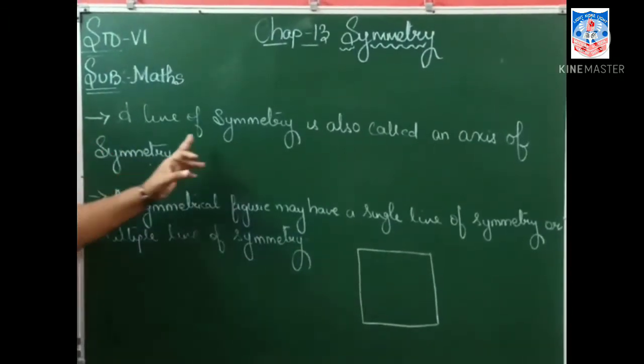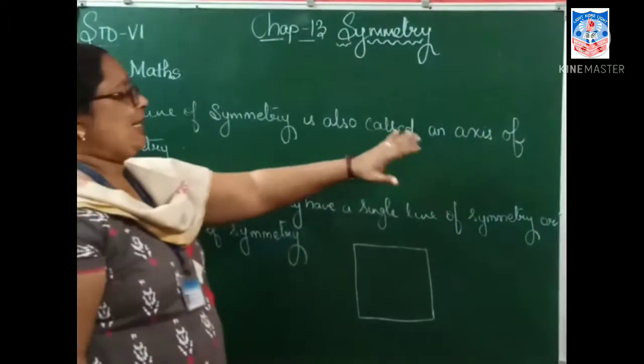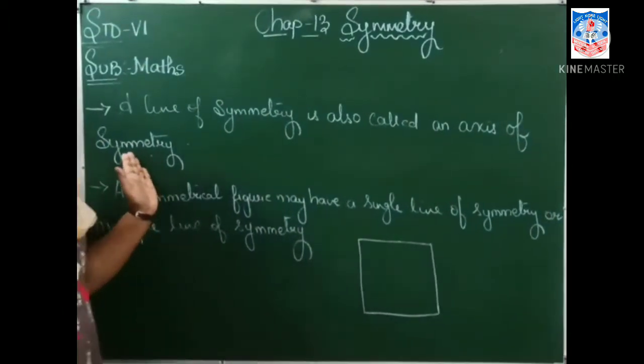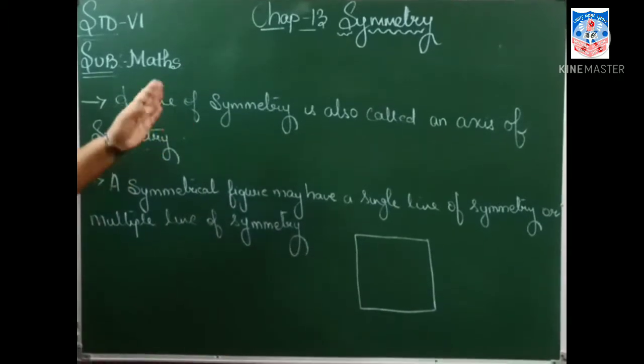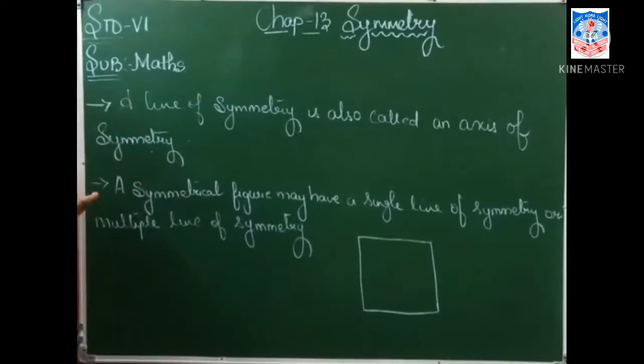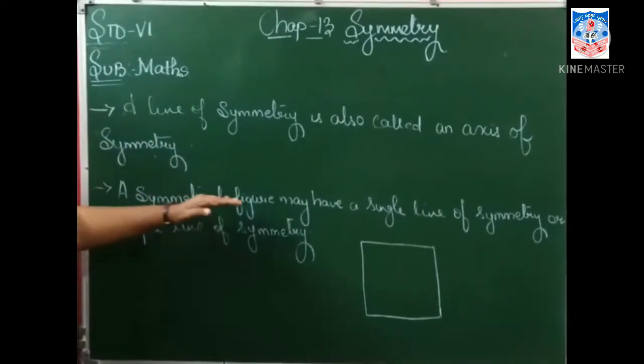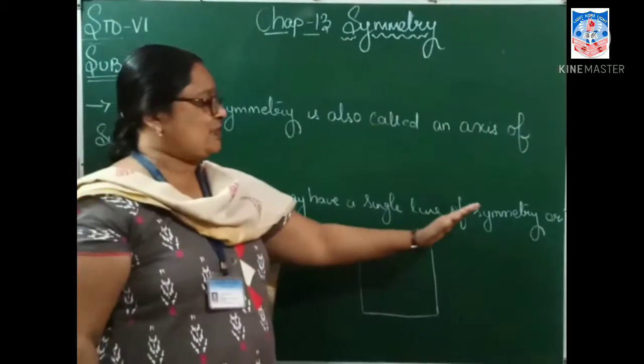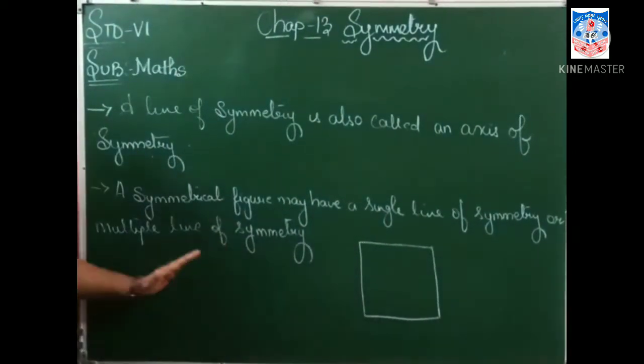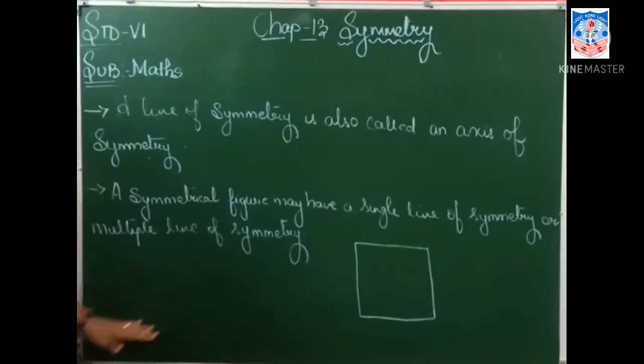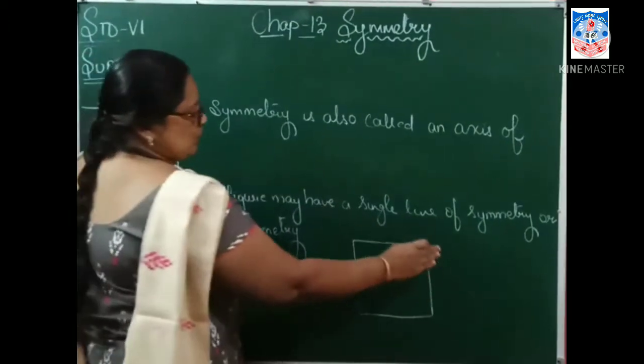A line of symmetry is also called an axis of symmetry. We can call the line of symmetry also an axis of symmetry. Now, a symmetrical figure may have a single line of symmetry or multiple lines of symmetry. Now, see, here is a square.